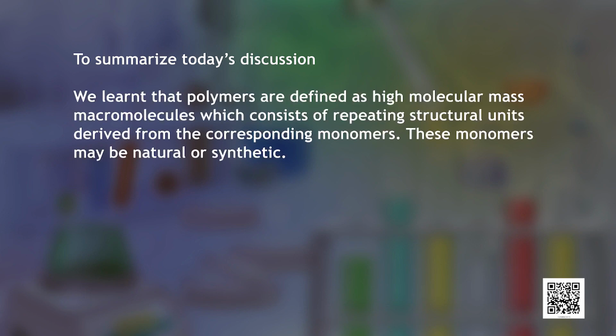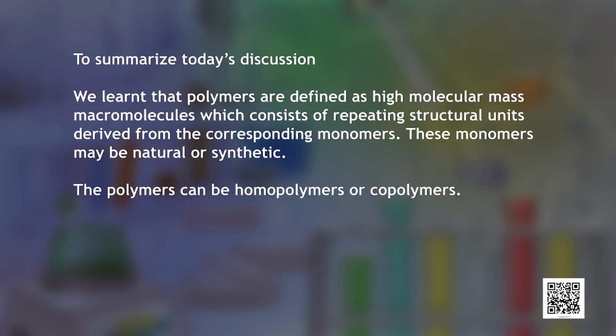Let's summarize what we have learnt today. Polymers are defined as high molecular mass macromolecules which consist of repeating structural units derived from the corresponding monomers, and these monomers may be natural or synthetic. The polymers can be homopolymers or copolymers.